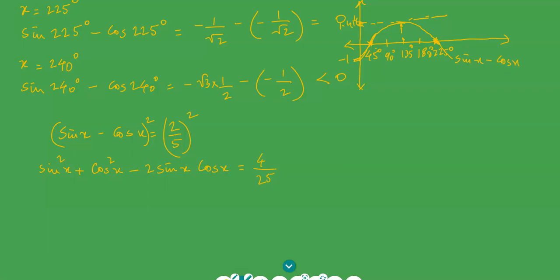And sin square x plus cos square x equal to 1, and 2 sin x cos x equal to sin 2x. So we have 1 minus sin 2x is equal to 4 over 25.